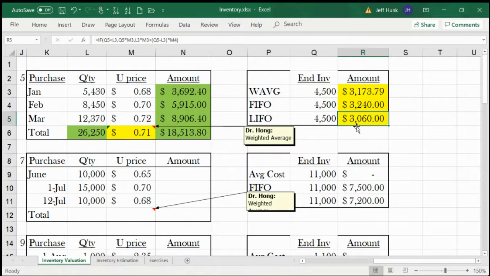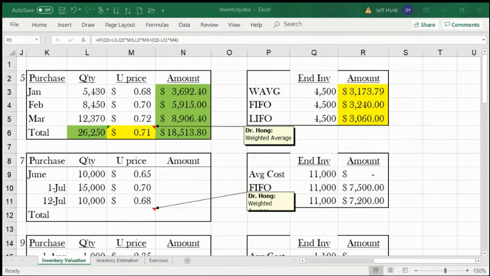So what does this mean? If the price is decreasing, then you will have higher LIFO than FIFO. Again, we're going to go back to the slide and discuss it further. But for now, let's do the next example.